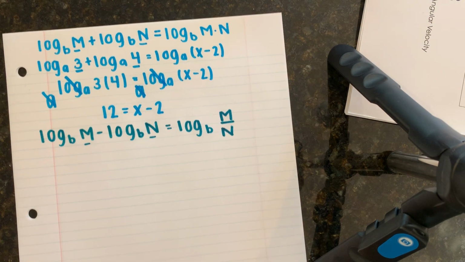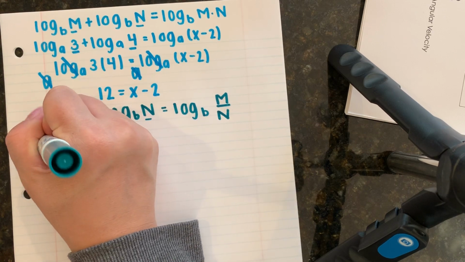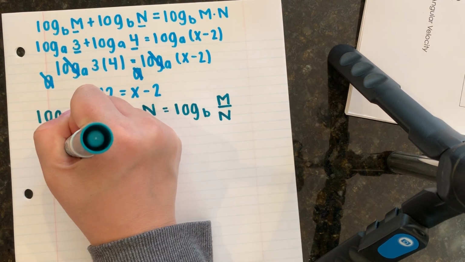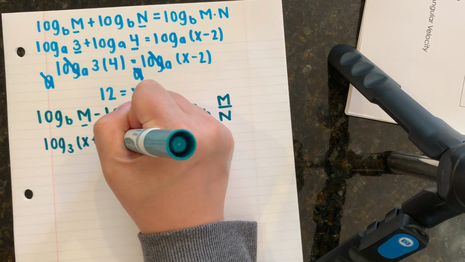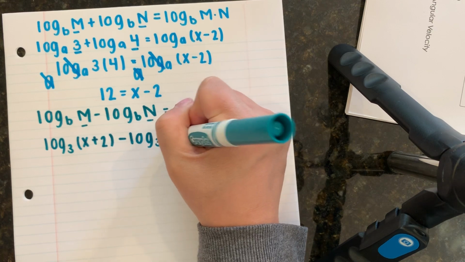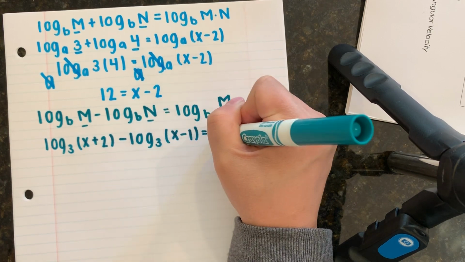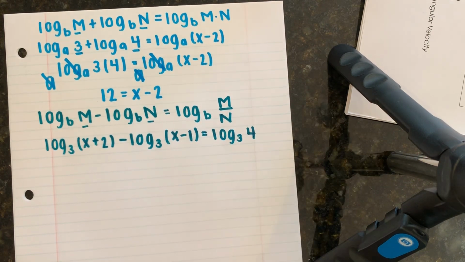Now, if I look at a problem in the book that's similar to that, I would have log base 3 of x plus 2 minus log base 3 of x minus 1 is equal to log base 3 of 4.